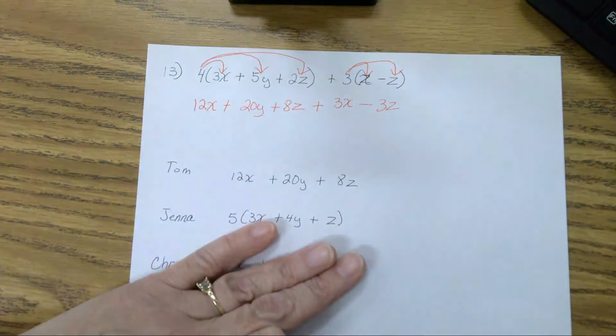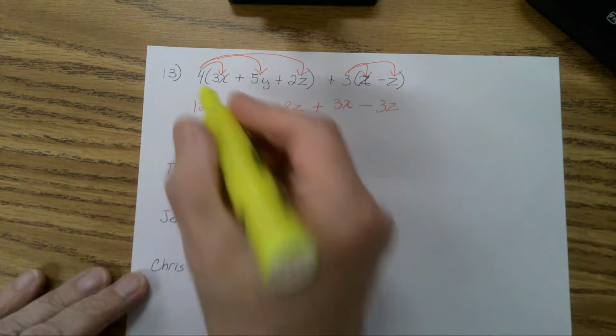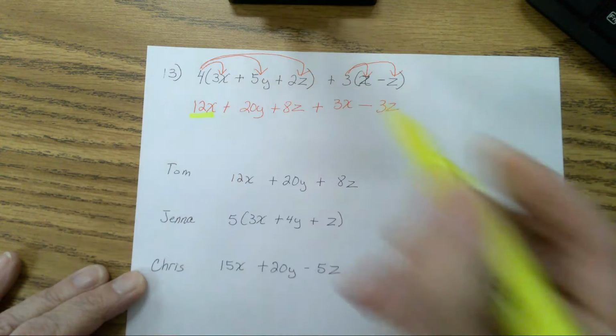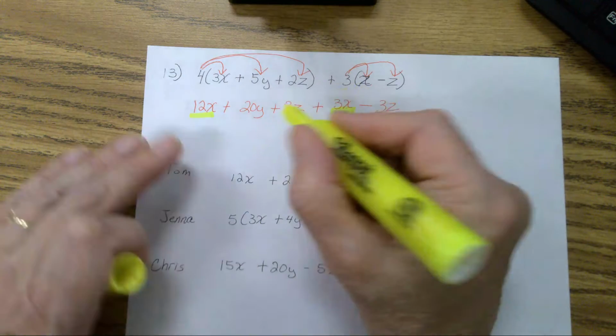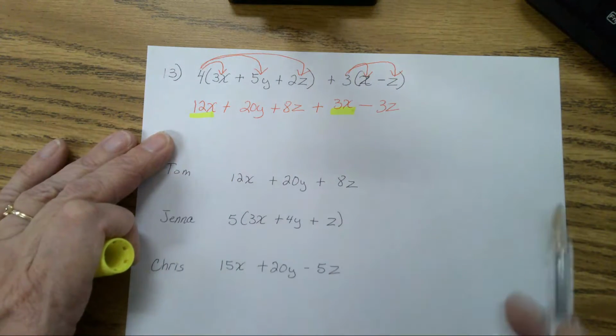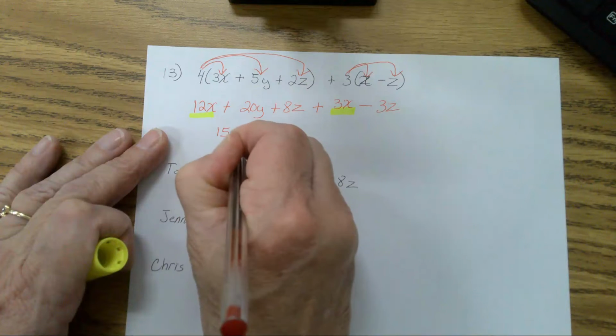3z. Now we're going to combine our like terms. Okay? Do we have any more x's? We have 12x. Is there any other x? 3x. What's 12x plus 3x equal to? 15x.